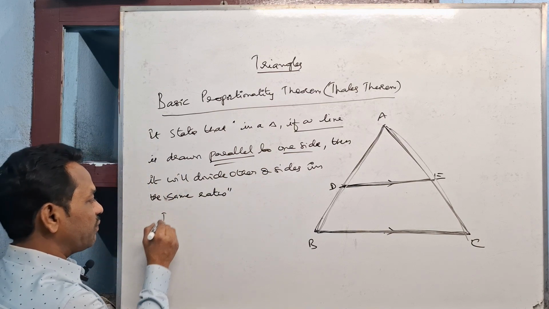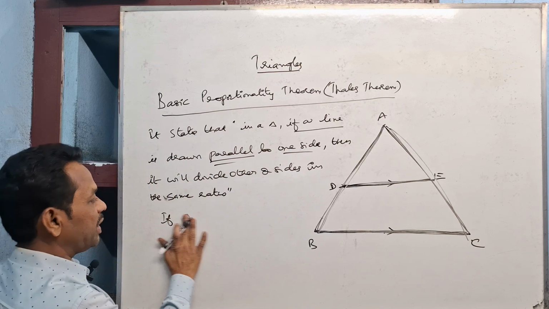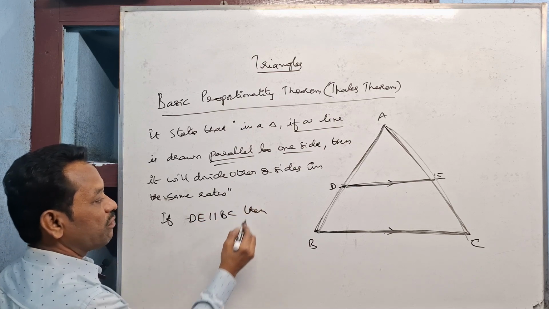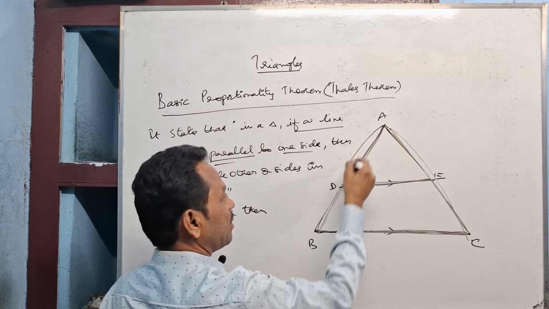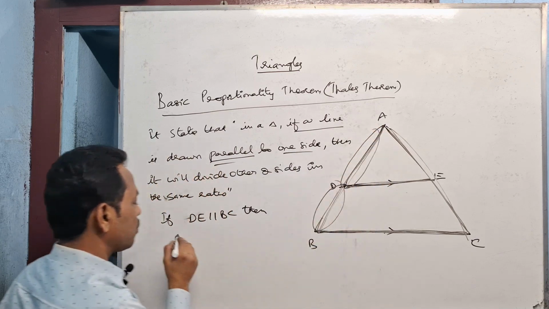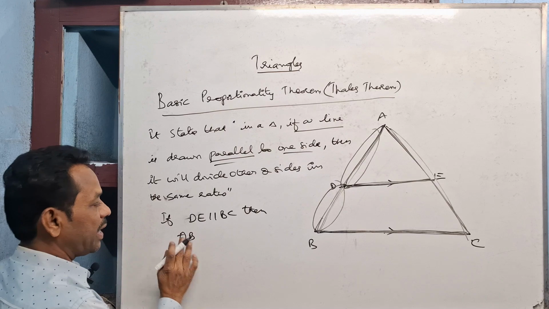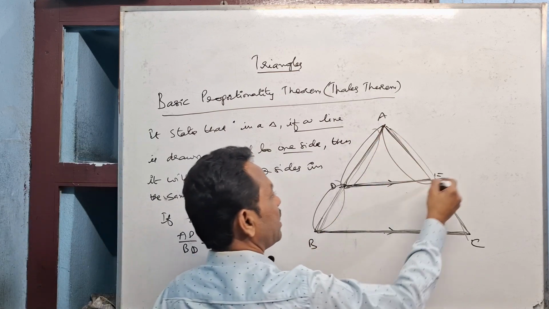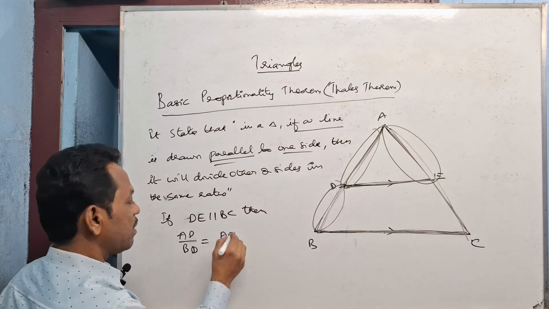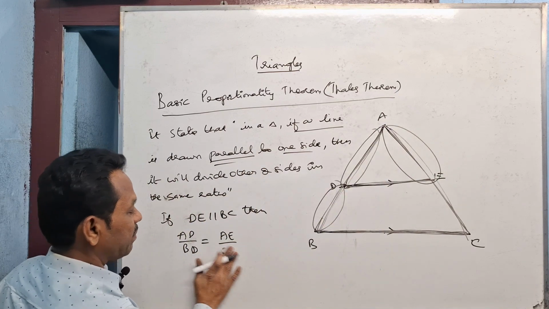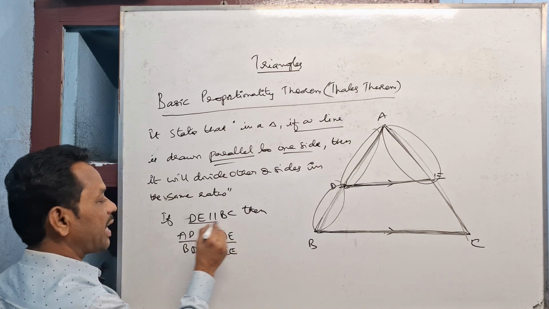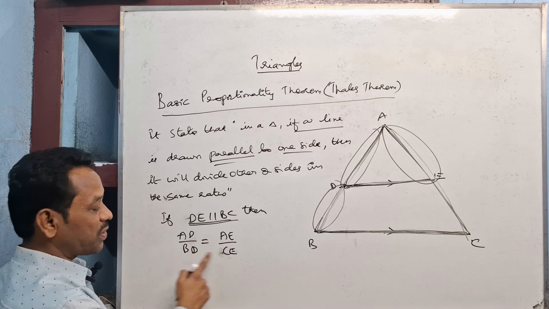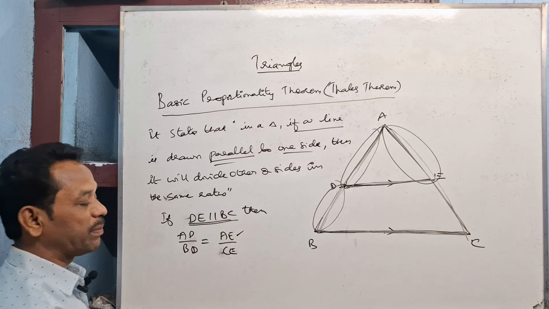That means if DE parallel to BC, then we can say AD by BD equal to AE by CE. So whenever a line is parallel to one side, then that line divides the other two sides in the same ratio. This is according to BPT.